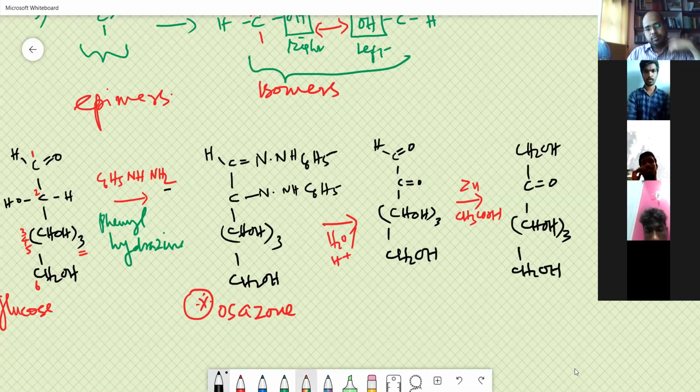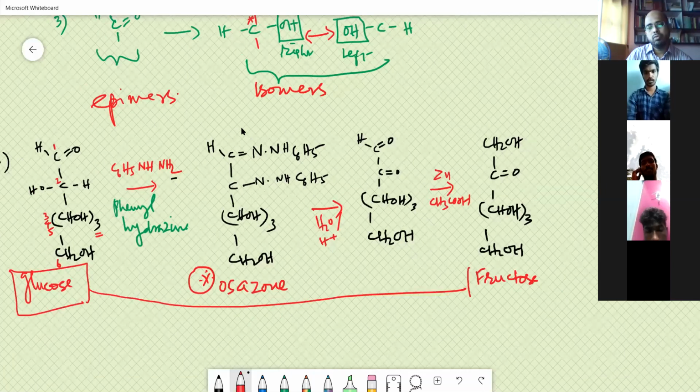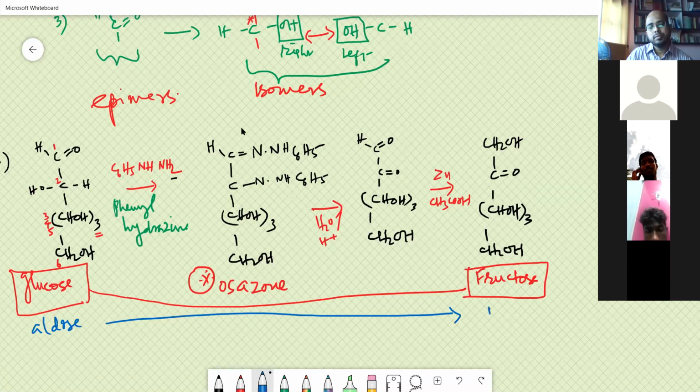I think you know this one is fructose. So you started from glucose and converted it into fructose. This is glucose converted into fructose, aldose converted into ketose.